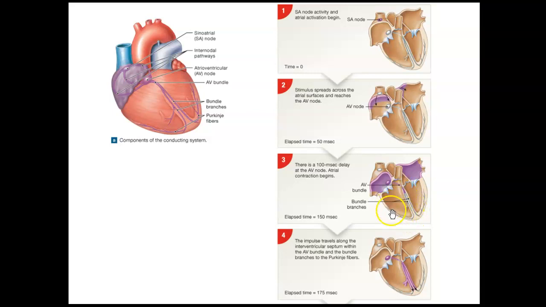And then you have the Purkinje fibers, which now have a different name, but for our purposes, we're going to call them Purkinje fibers. The Purkinje fibers send the electrical impulse all the way up through the rest of the heart muscle tissue.